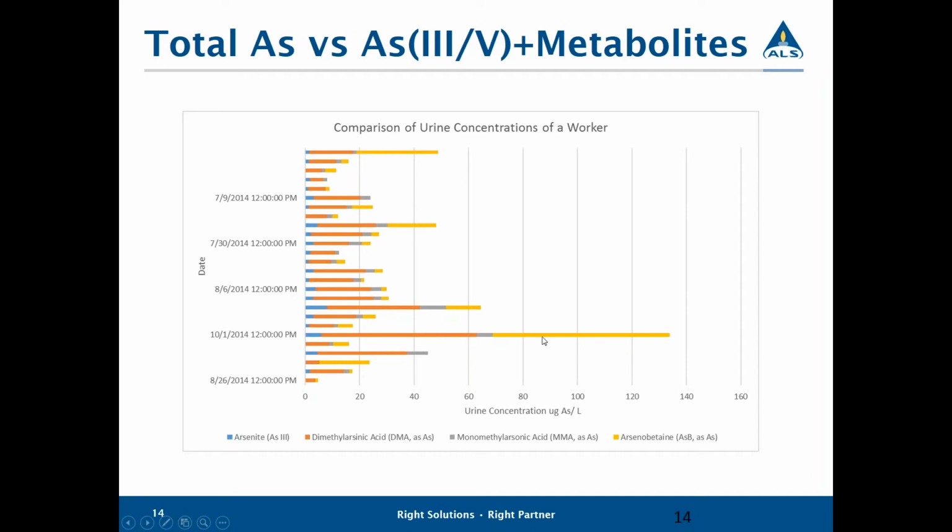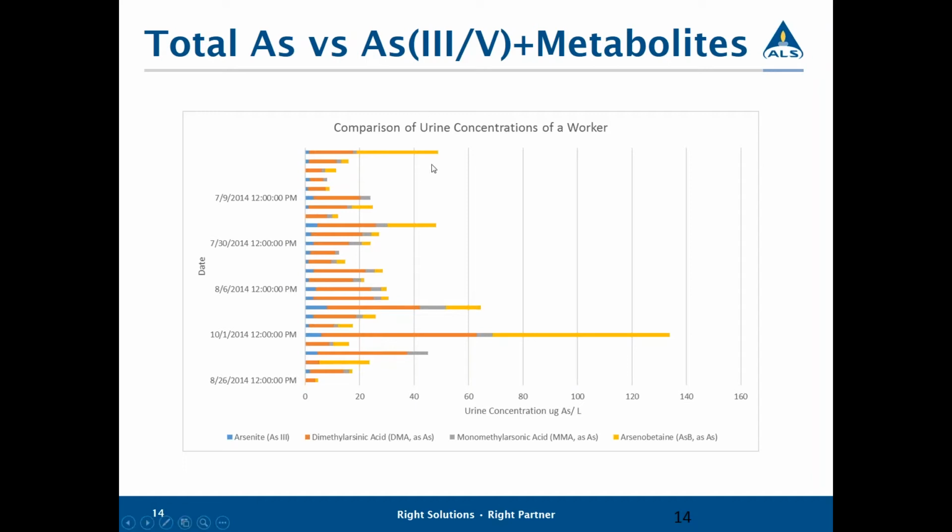But often you can see the contribution was so high from arsenobetaine, you're waiting for this to either get excreted or metabolized by the body. So often a fast sample after this would see this level come back down, and hopefully not see any arsenobetaine in there at all, because it's already been excreted by the body.